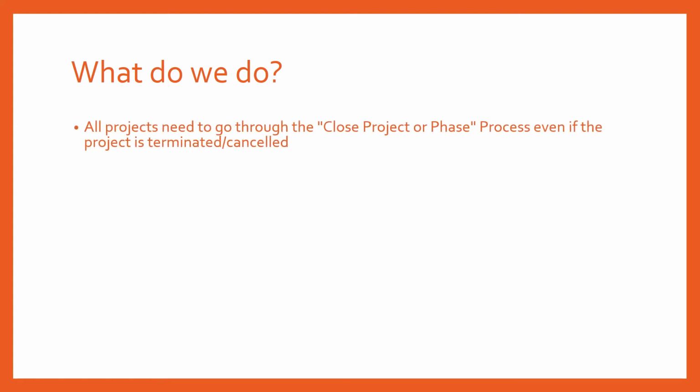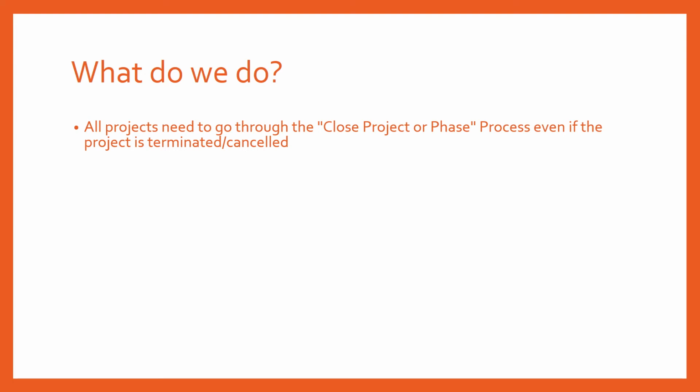So what do we exactly do? First up, you need to understand that all projects need to go through the close project or phase process, even if the project is terminated or cancelled. And this is also a potential PMP question, right? You might get a question that says you've received an email from, let's say, your customer or your sponsor, and the mail says that the project needs to be terminated ASAP.